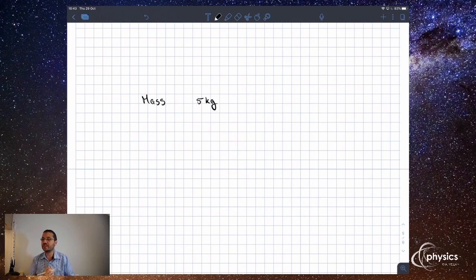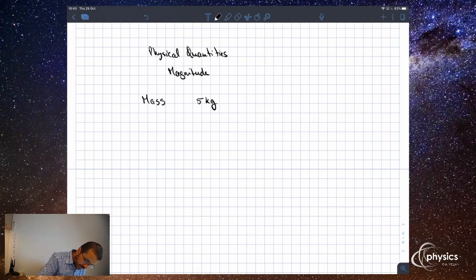Now in physics, normally we use another word for size, which is magnitude. So these types of physical quantities are fully described by their magnitude only. Magnitude means size, all right?